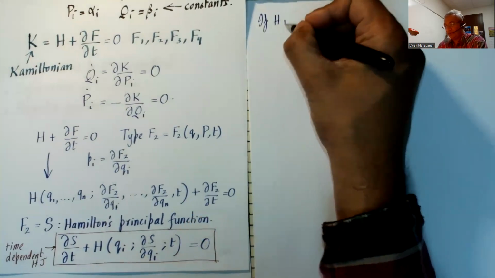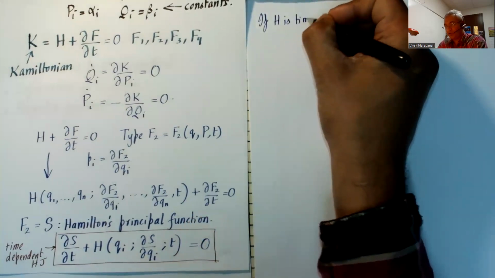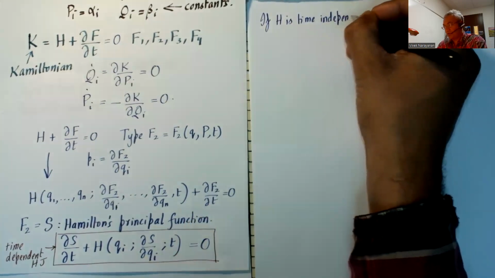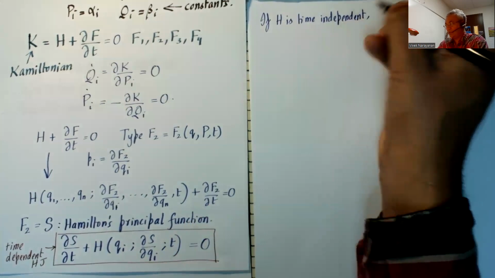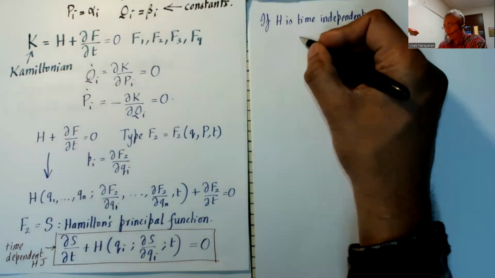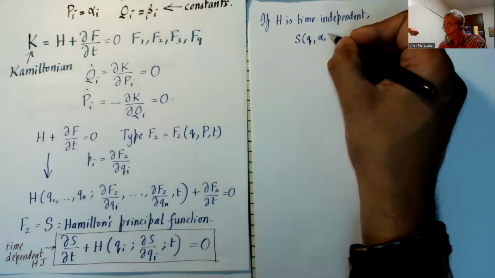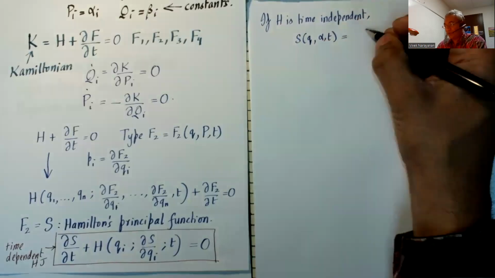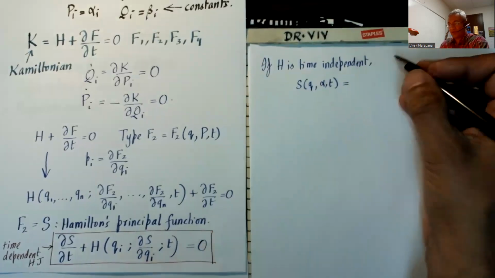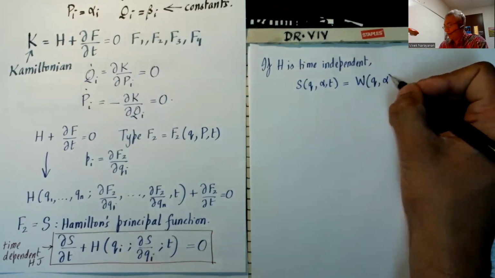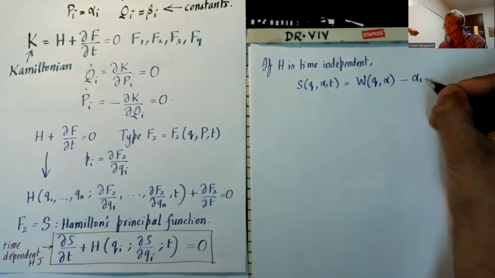So if H is time independent, then we are going to end up having S of Q, alpha, T is going to be some quantity W of just Q and alpha, minus alpha 1 T.